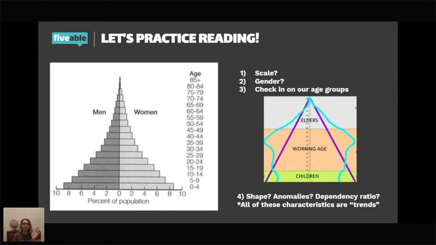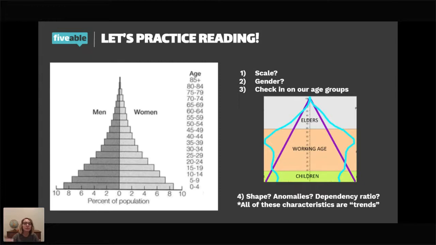So we've taken inventory of this. This pyramid would be an example of a rapid growth population because the majority of our people are in this youth age, which means, can you see my cursor? Sorry, can you see my cursor when I hover over the pyramid picture? No? Okay.